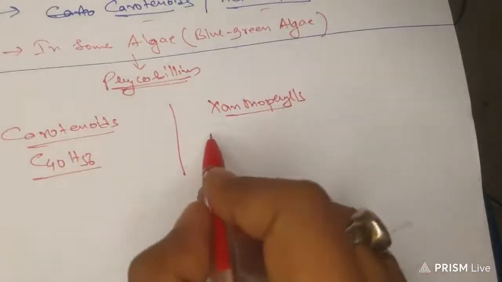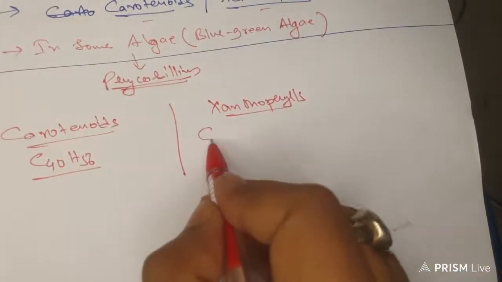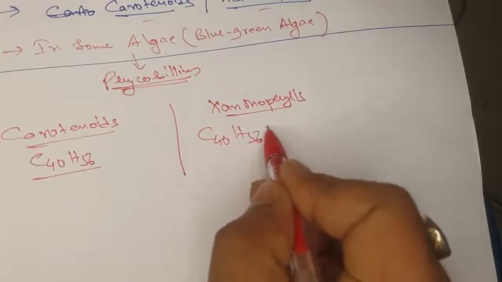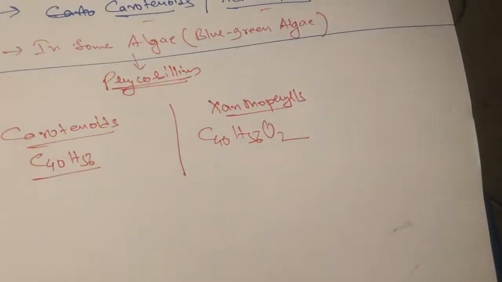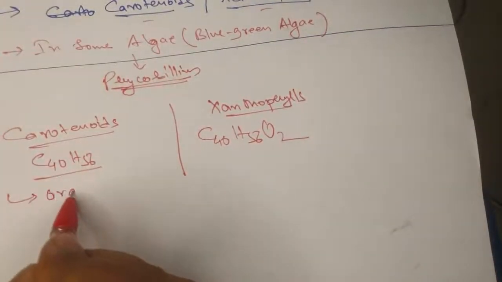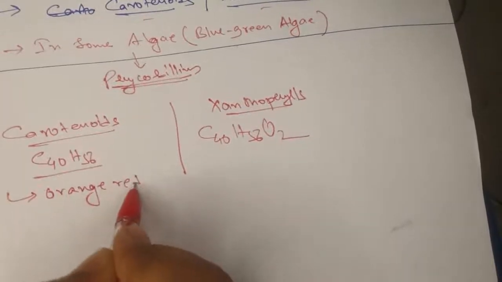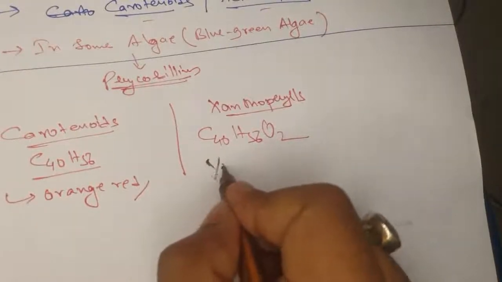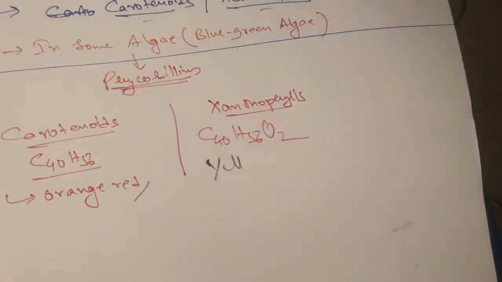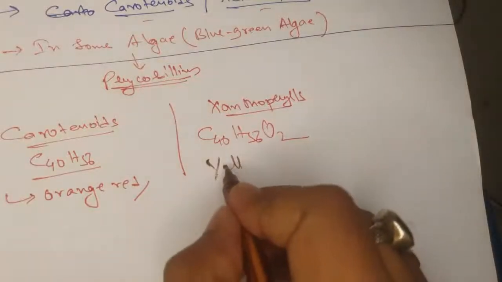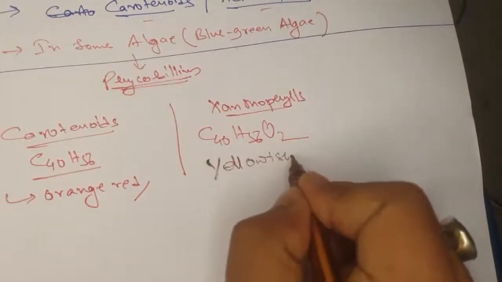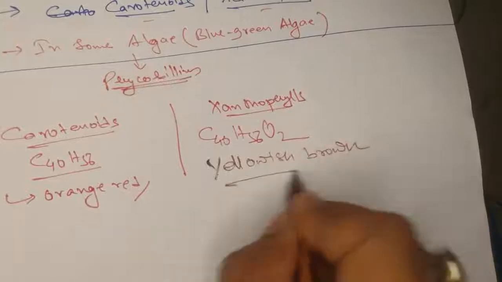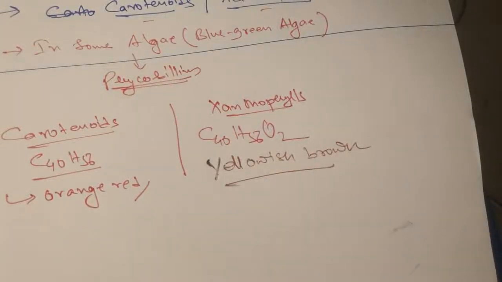However, the formula of xanthophyll is C40H56O2. The color of carotenoid is orange-red. However, the color of xanthophyll is yellowish-brown. So this is the thing that you should keep in your mind.